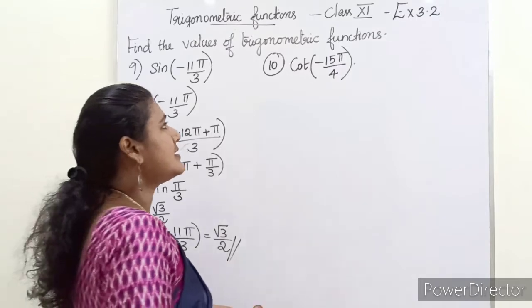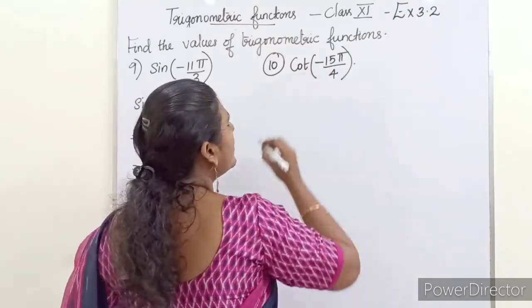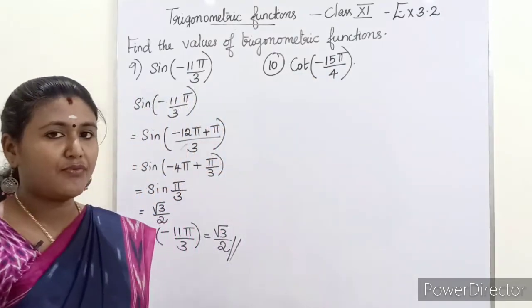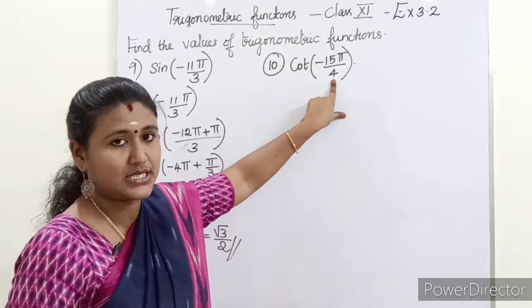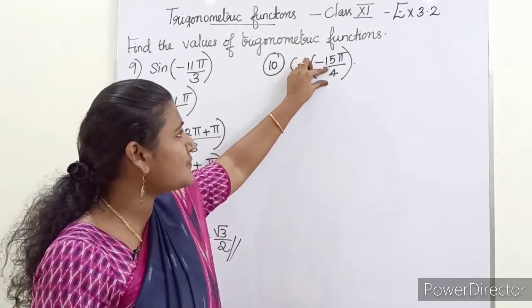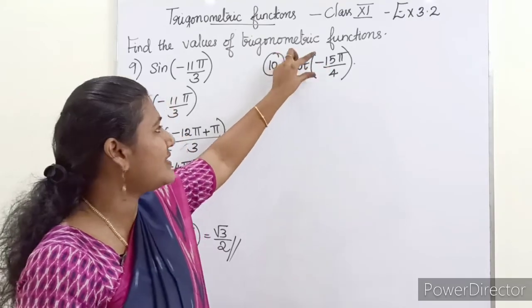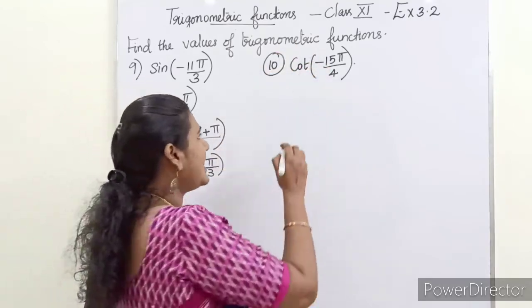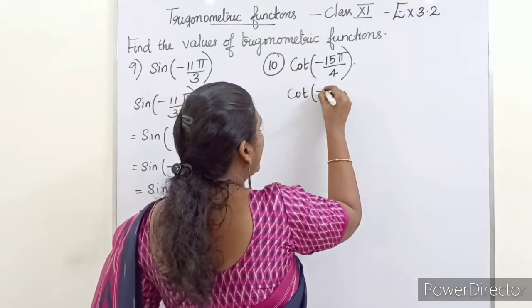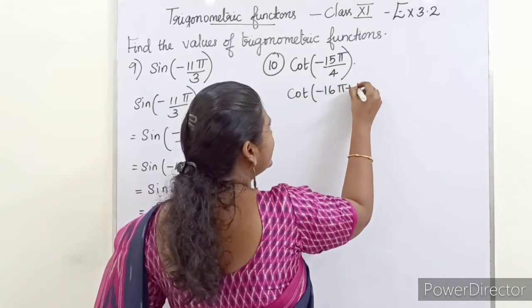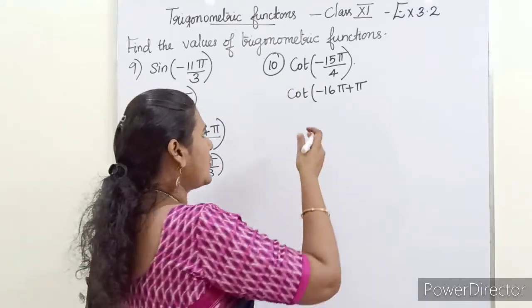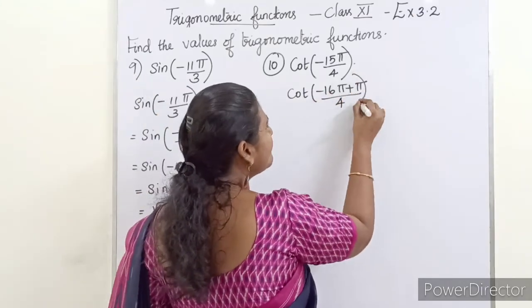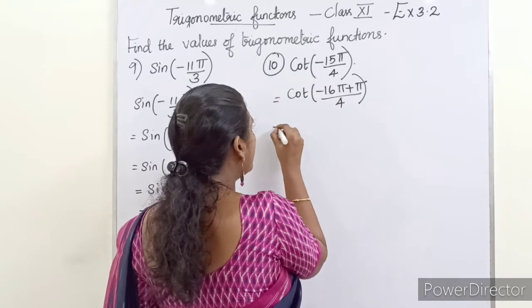Now the last question in this exercise, that is cot minus 15 pi by 4. So how to write minus 15 pi by 4? Here the denominator is 4, accordingly you have to choose. We can write this minus 15 pi as minus 16 pi plus pi. What is minus 16 pi plus pi? Minus 15 pi only. Then we will divide each term by 4.